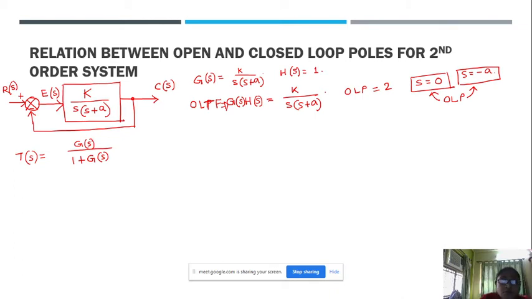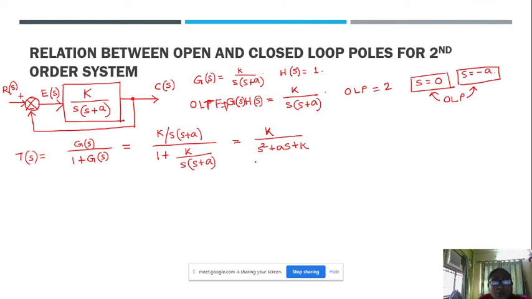So the transfer function becomes K by S into S plus A divided by 1 plus K by S into S plus A. If I simplify this, I get K by S square plus AS plus K. So this is the new denominator of the closed loop transfer function.